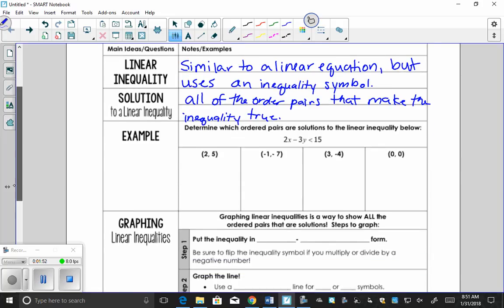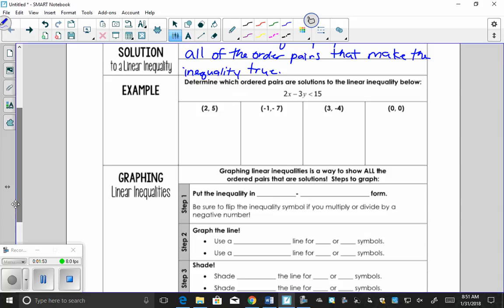Our example says to determine which ordered pair or pairs are the solutions to the linear inequality below. If I look at this ordered pair, 2, 5, what does 2 represent? 2 is x, 5 is y. So you're going to plug 2, 5 in for x and y. So 2 times 2 minus 3 times 5 is less than 15.